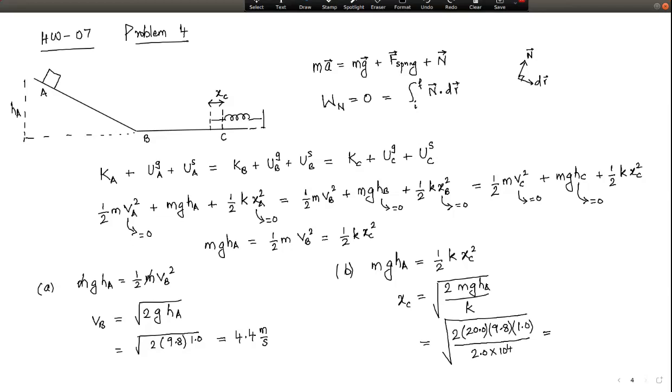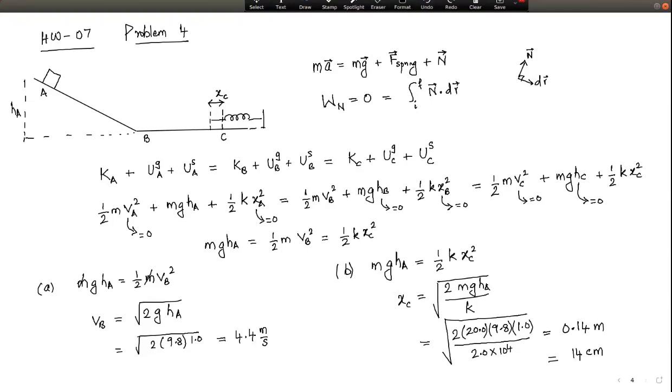It's 2 times 29.8 over that. So that's 0.14 meters, which is 14 centimeters. And that finishes this problem.